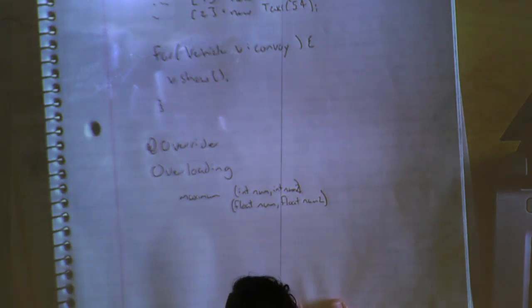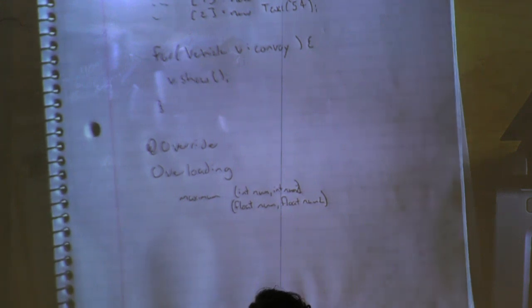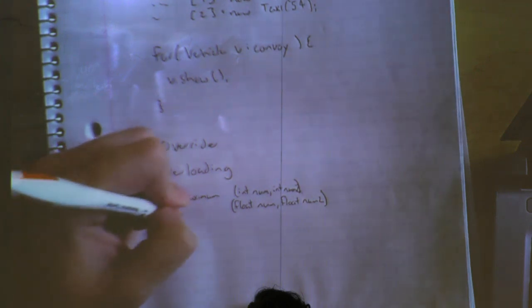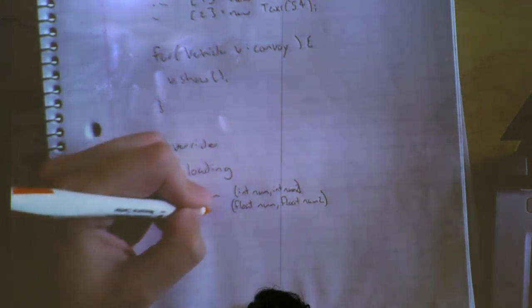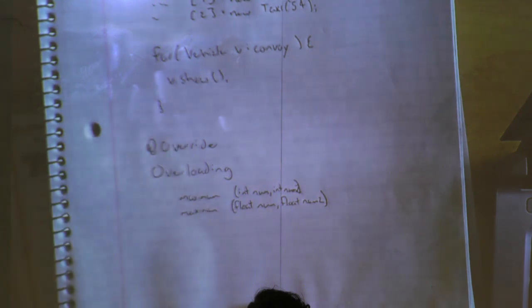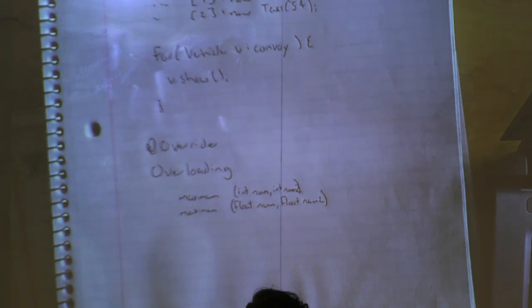You could have a version that takes an integer and then a float, or a float and then an integer. So you can have any arrangement or any number of inputs, but the name of the method will always be the same, and the intent of the method will always be the same, meaning it will always do basically the same thing with slightly different implementation depending on what the matching list of inputs is that you write.